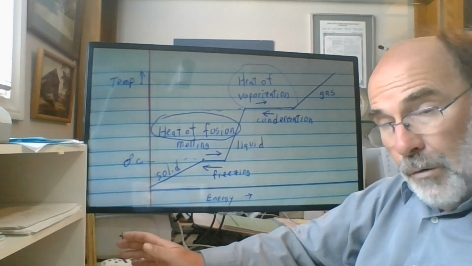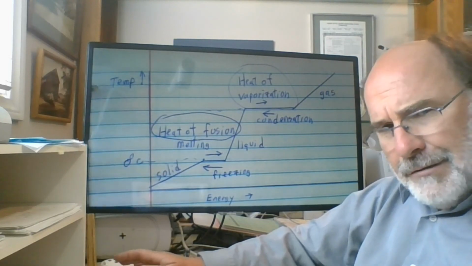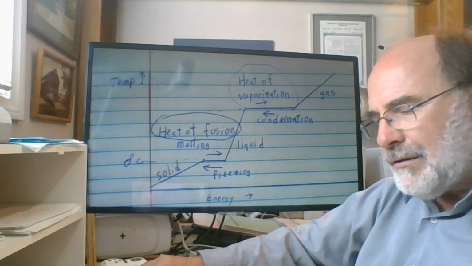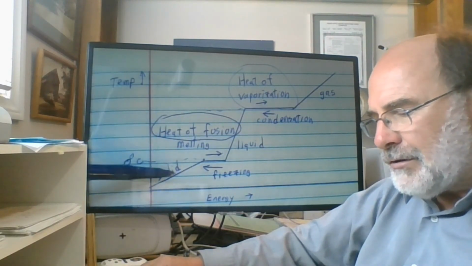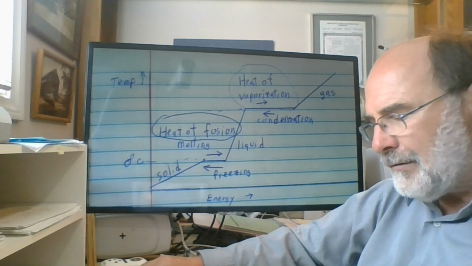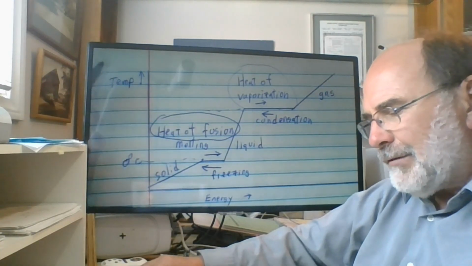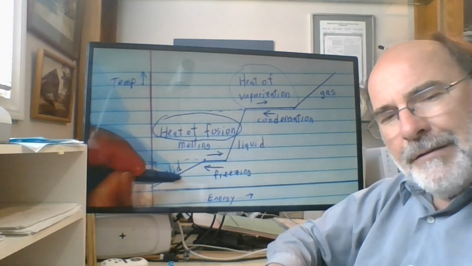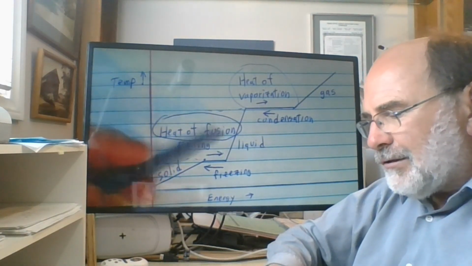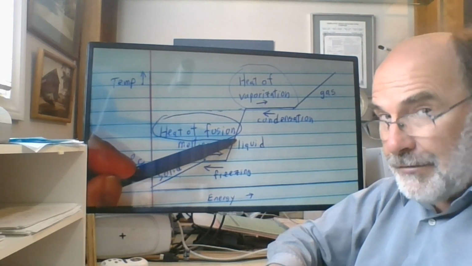So for gold, it doesn't melt at 0 degrees Celsius. It melts at a much higher temperature. There are terms that go with the slopes of each one of these. I didn't mention them specifically, but now I should, right? So the slope on the solid curve is called the specific heat. The slope on the liquid curve is called the specific heat.